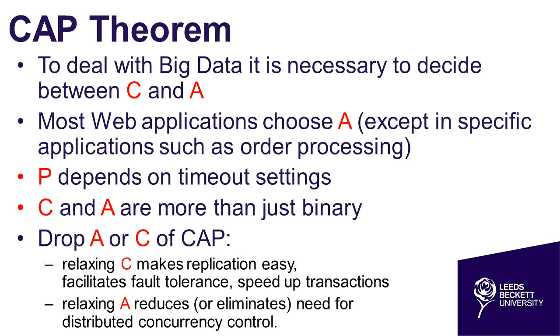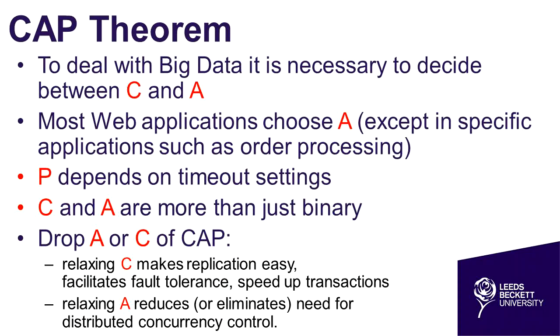Like it says there, most web applications choose A. So if you've got a cloud system with big data catering to web applications, most of those will choose availability because their business depends on having constant access to the data set. There cannot be any interruptions, and the system must always be available. So a big data system can choose the traditional route between C and A, or alternatively choose C and P.